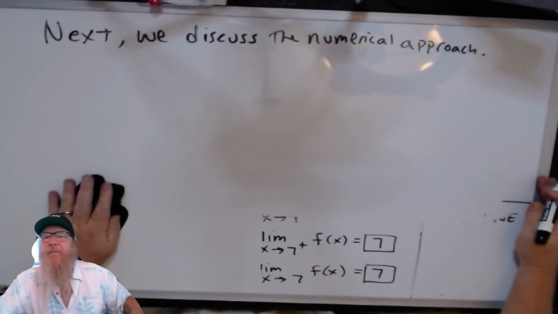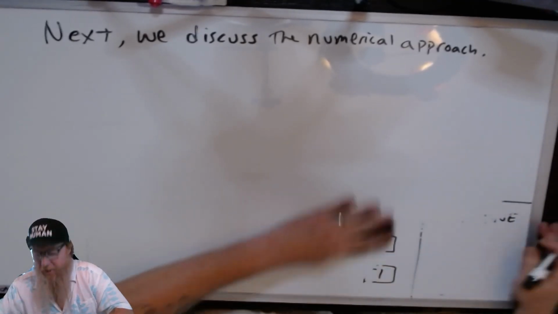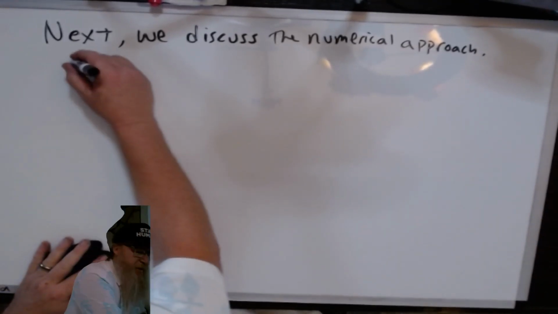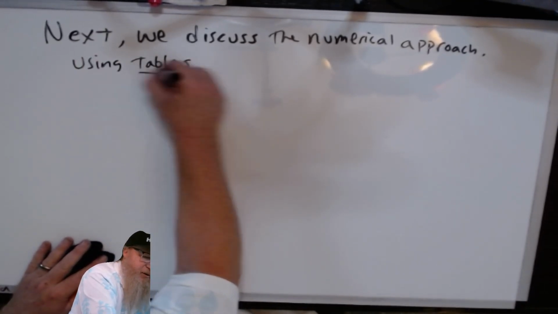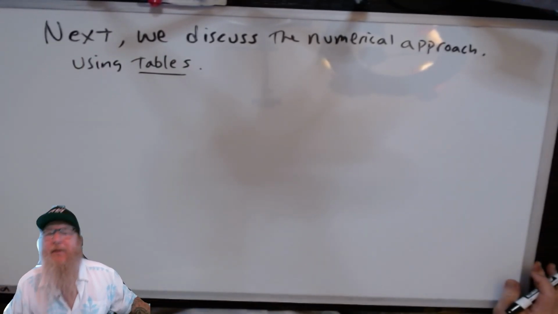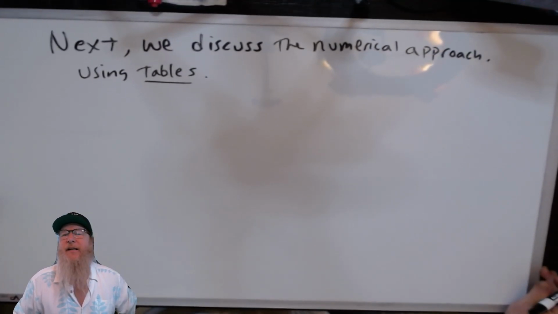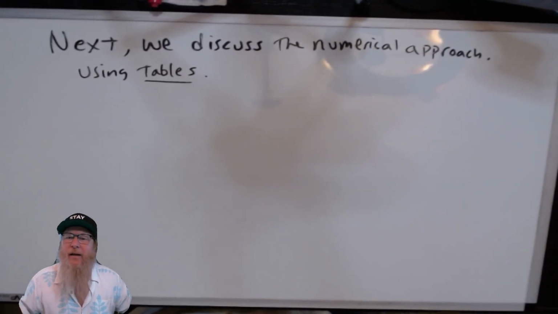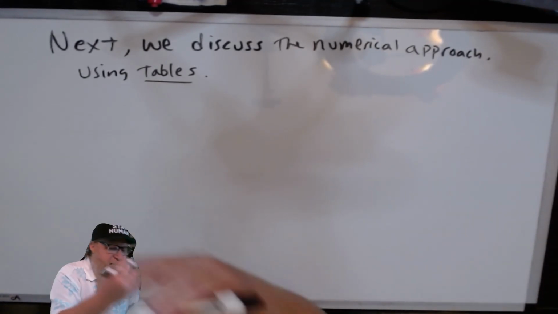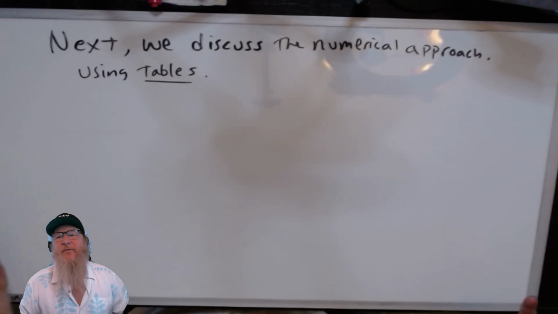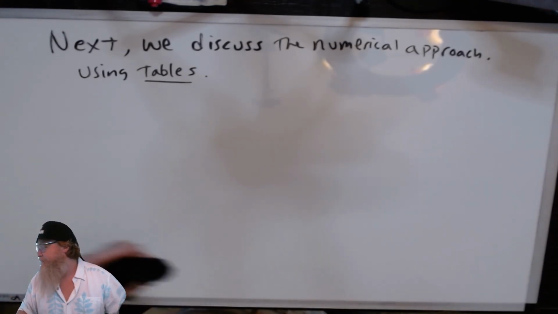All right. Also known as numerical methods, and we're going to be using tables similar to the very first example I did when I was talking about the compound interest formula in the introduction lecture. So there's really no backstory to this, right? We're still given a function.